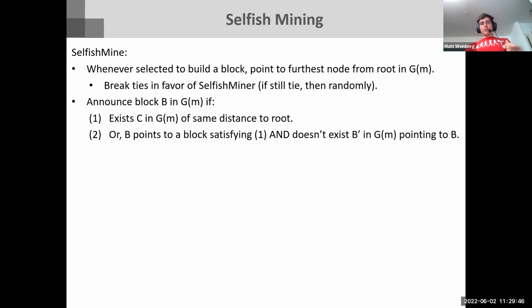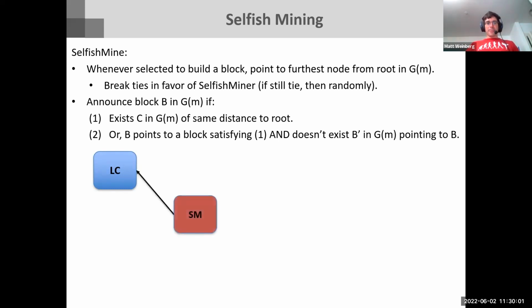So here's the text for what the strategy is doing. I'm actually going to step through the example iteration first. The first thing that happens in this simulation is an honest person creates a block. And then I find a block. Now, what do I do? I point to the longest chain because this is what the strategy always does. And I'm going to check whether I should announce it.